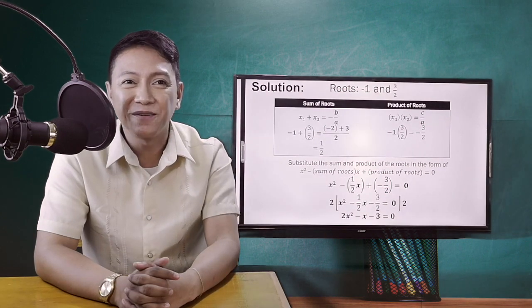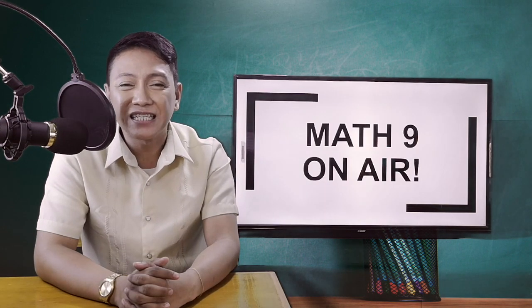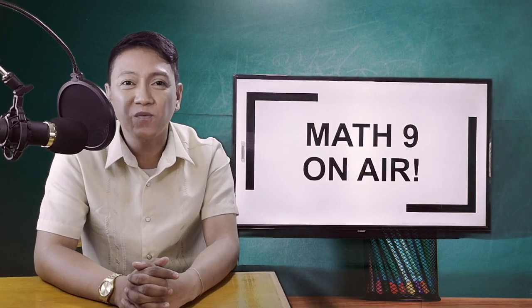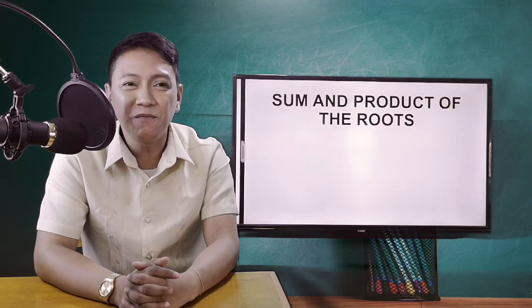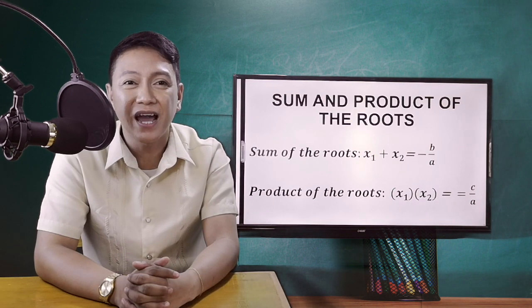At this time, we have already discussed the relationship of the coefficients and the roots of the quadratic equation. Always remember that the sum of the roots is equal to the negative of b over a, while the product of the roots is c over a.